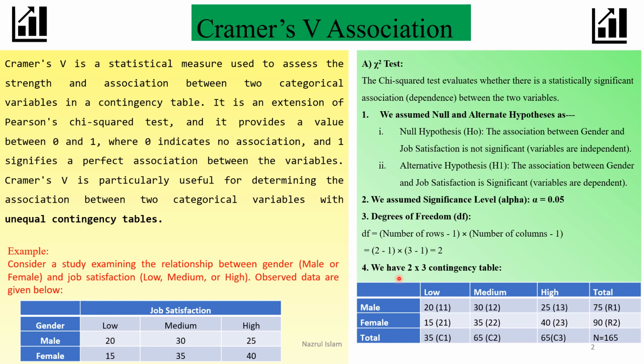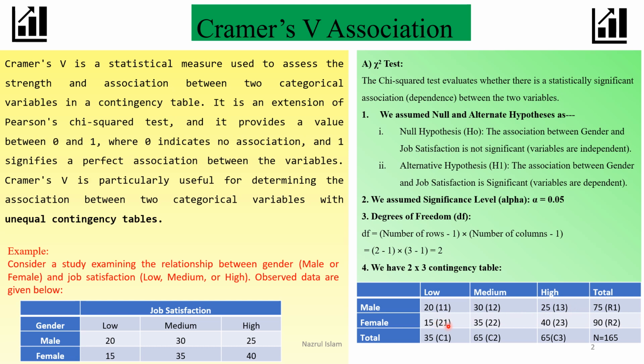Here in step 4, we arrange the data in the following table like 1 1, 1 2, 1 3, and as I have mentioned earlier, 1 1 means row 1 column 1, 1 2 means row 1 column 2, 1 3 means row 1 column 3.